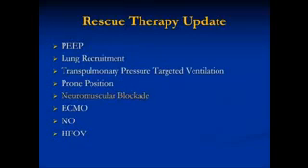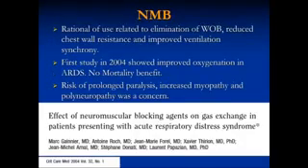And then neuromuscular blockers. The idea about neuromuscular blockers is that you're trying to decrease the vigorous breathing, so you decrease the oxygen consumption. That's the one positive thing from the paralysis, and it also improves ventilator synchrony. That would be another advantage.